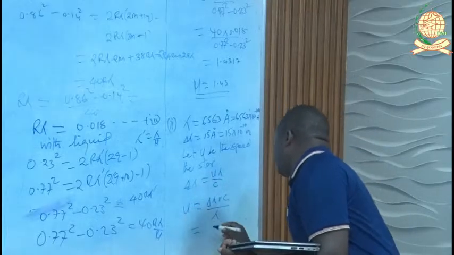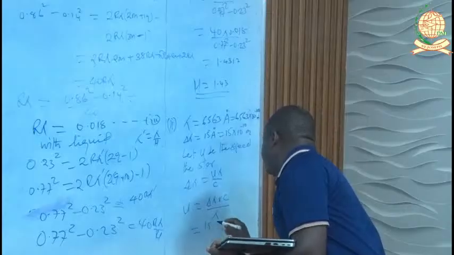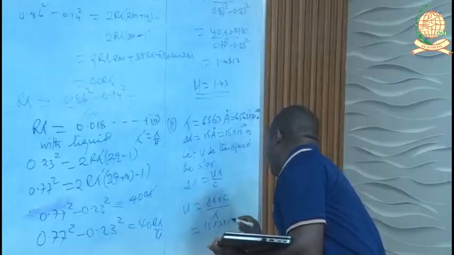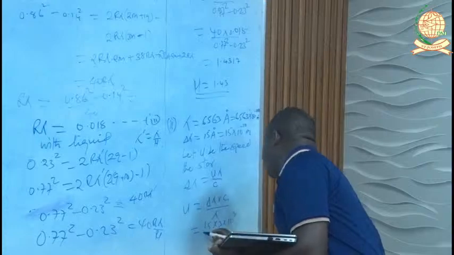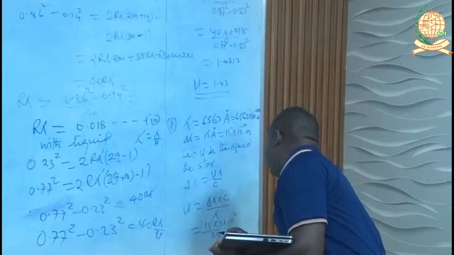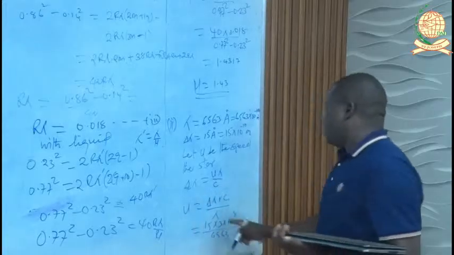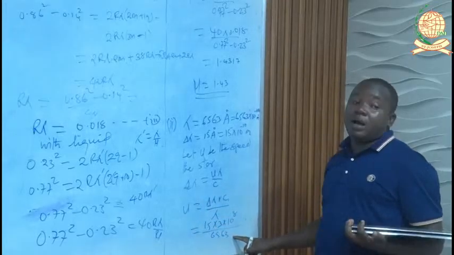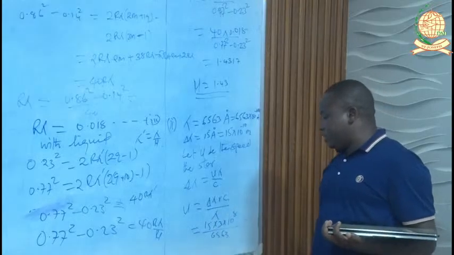This is equal to the shift 15, speed of light 3 times 10 exponent 8, and the wavelength is 65.63. The angstrom here and the angstrom here cancel out, that's why I didn't include them.